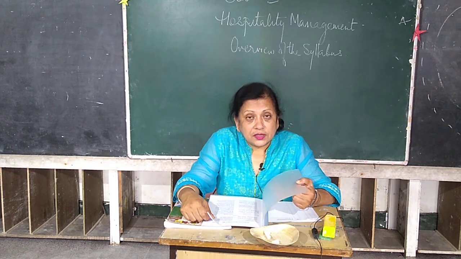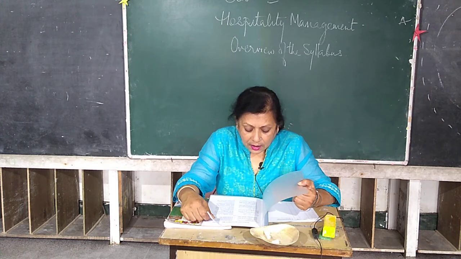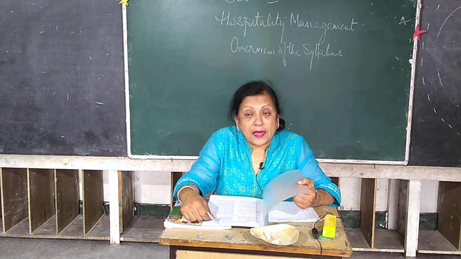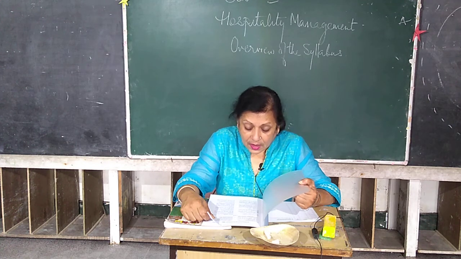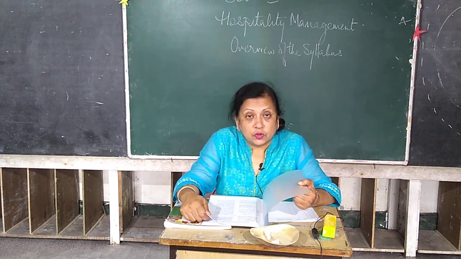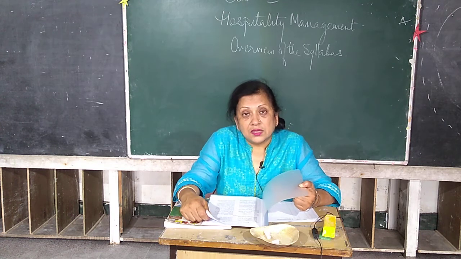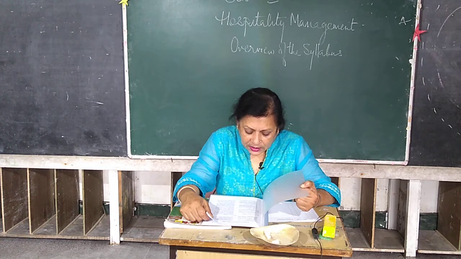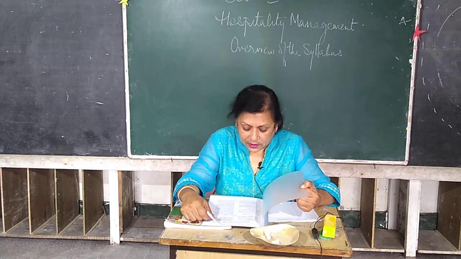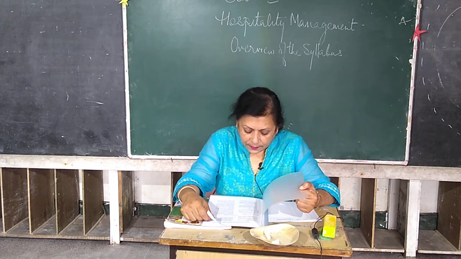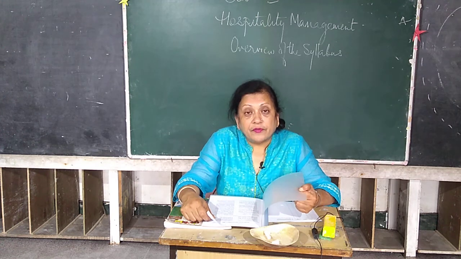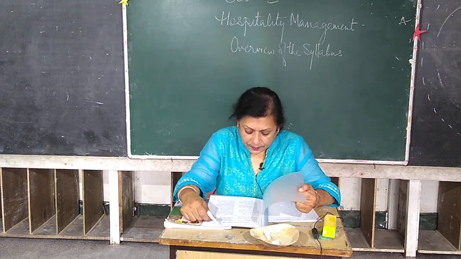The second unit is that of basic management principles. As it is the hospitality management subject, you must have a brief idea about what is management. Hence, Fayol's principles of management, that is the 5 principles of planning, organizing, staffing, leading, controlling, are to be explained to you briefly with reference to the hospitality industry.